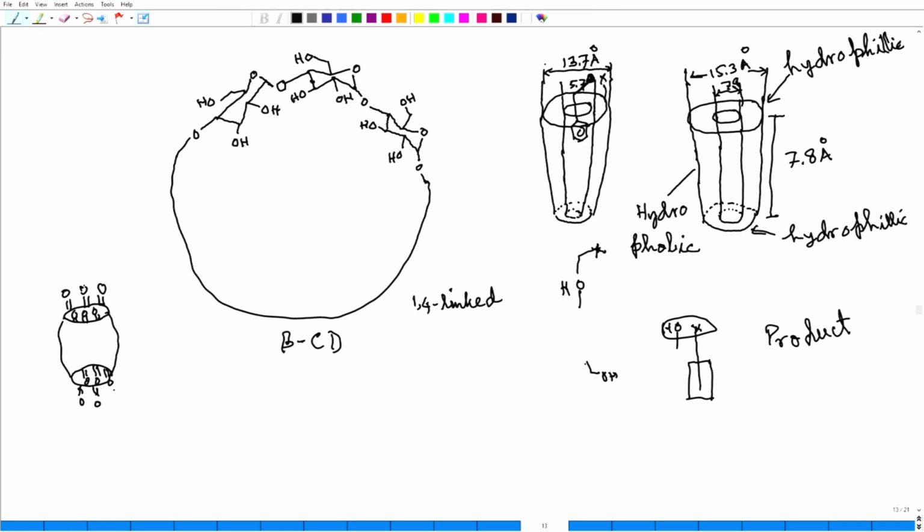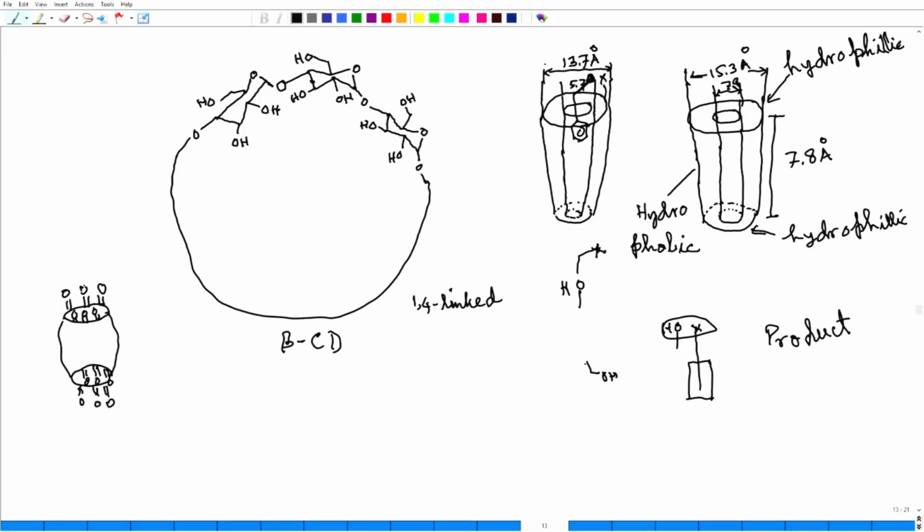So, there is a similarity in the architecture of hydrophobic structures. This is also hydrophobic inside, and at the two ends are hydrophilic moieties, similar to cyclodextrin, and so suitably we can get our reactions done. So, this is about cyclodextrins.